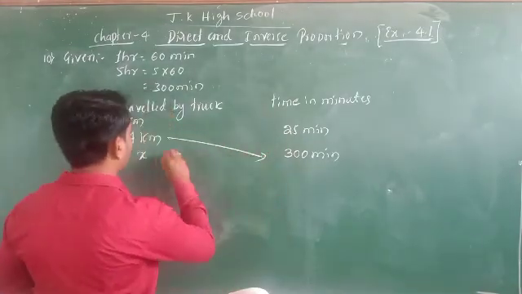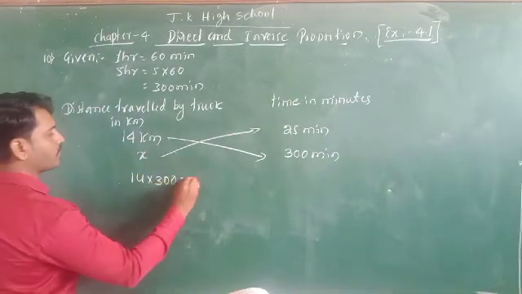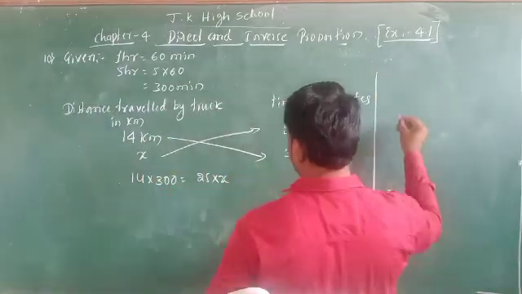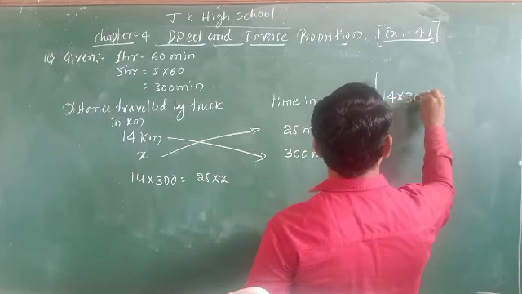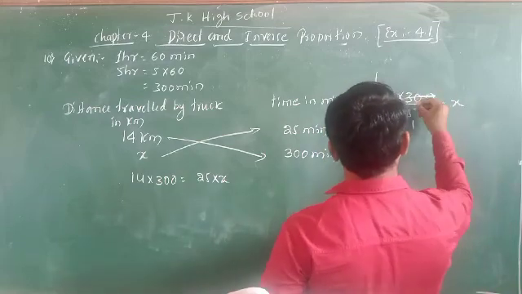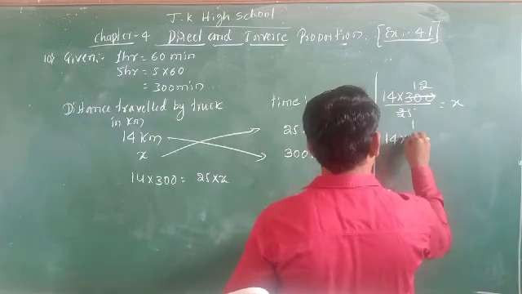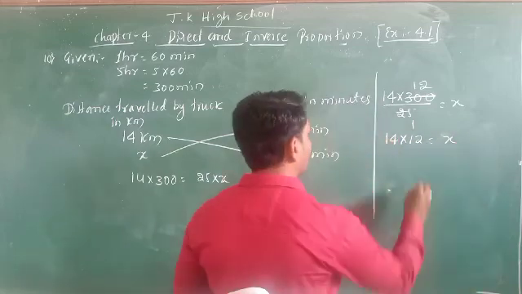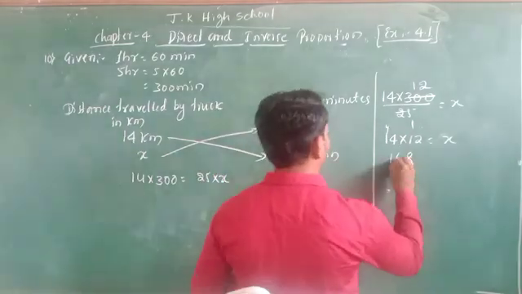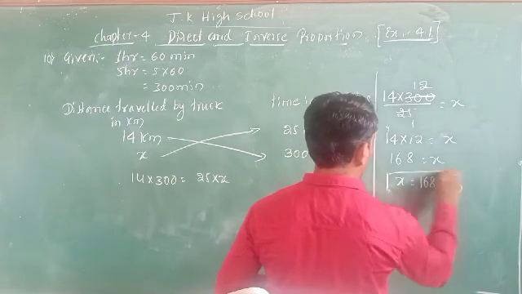First do the cross multiplication: 14 into 300 is equal to 25 into x. 14 into 300 whole divided by 25 is equal to x. 25 is 25, remaining 5. 14 into 12 is equal to x. 12 4s are 48, remaining 4, 12 1s are 12, making 168. x is equal to 168 kilometers.